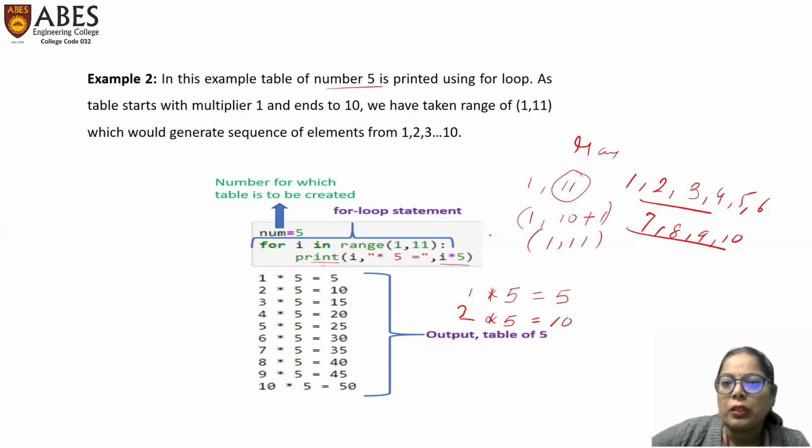So this for loop will work till 10. Once it comes to 10 into 5, it will find that there is no element in the sequence, so it will stop. So this is how your for loop works with a sequence.